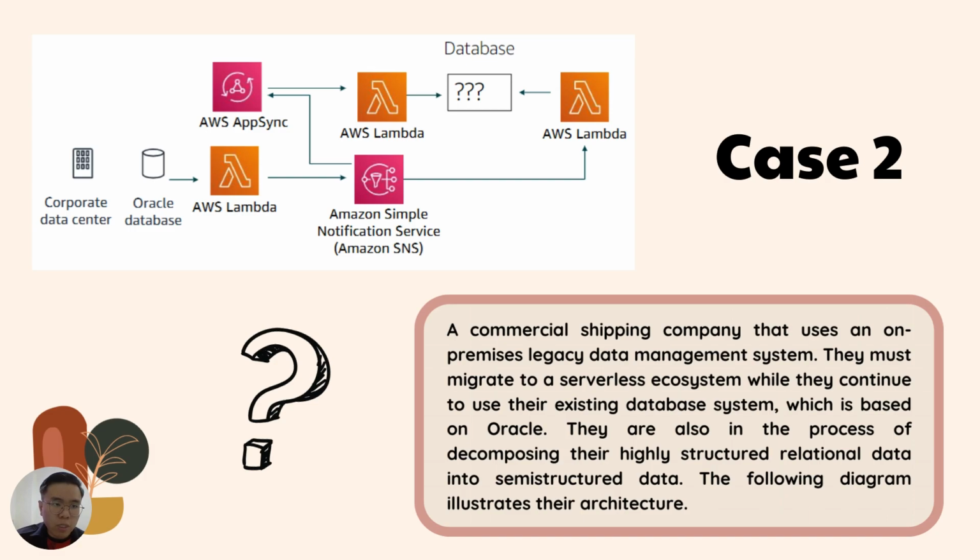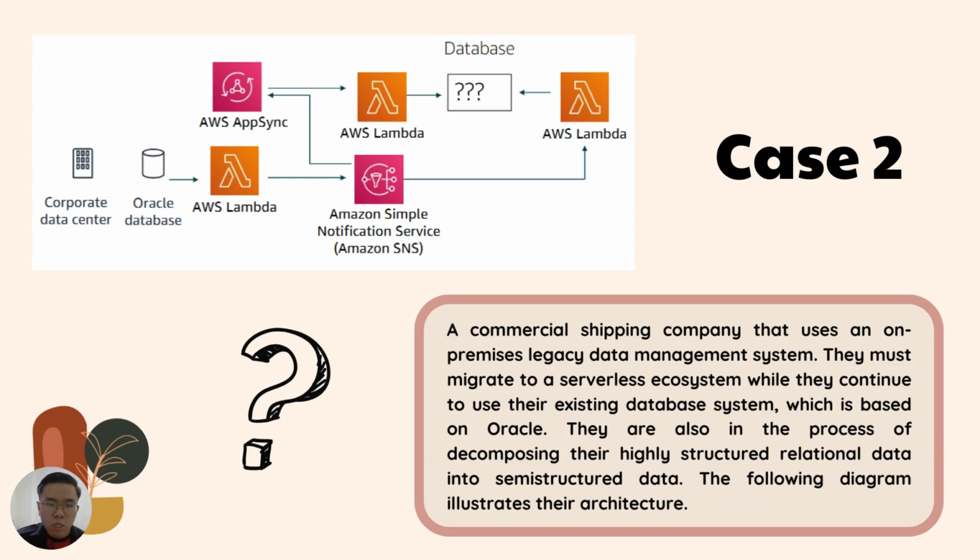They have the Oracle data in their physical database, and they want to apply it to the serverless data with the relational database, and also they have to convert the highly structured data into semi-structured data.